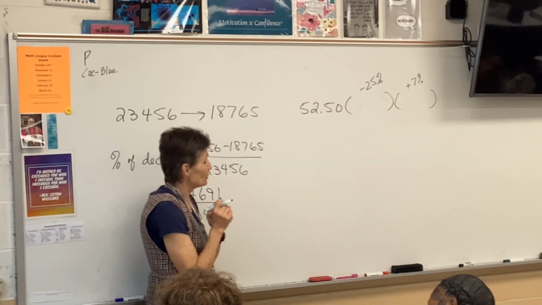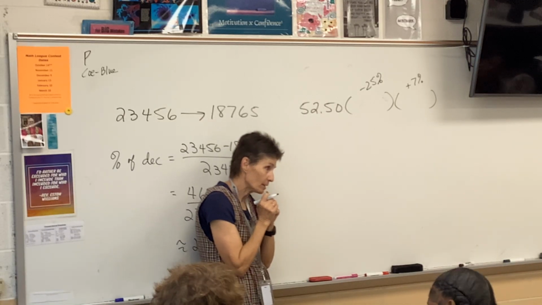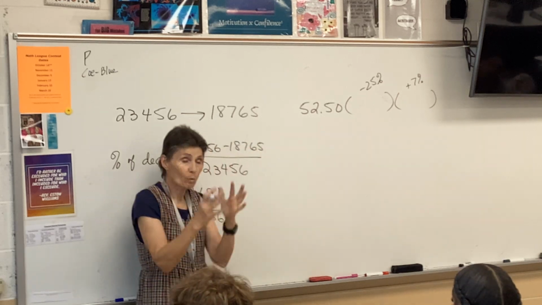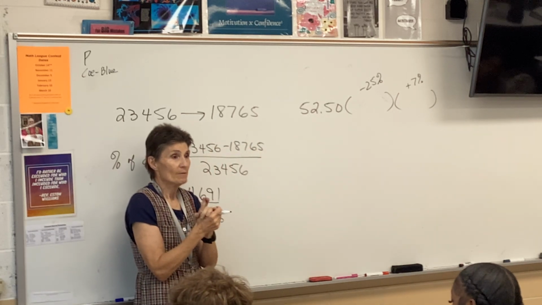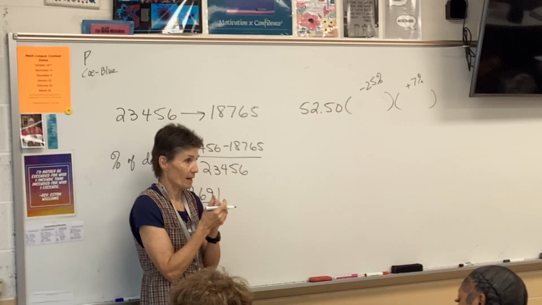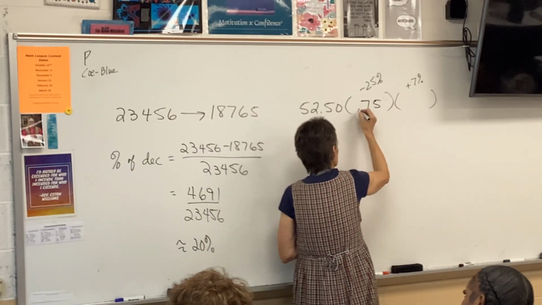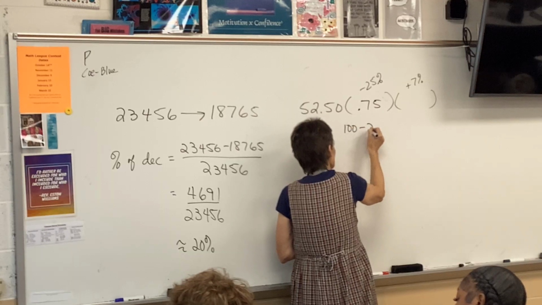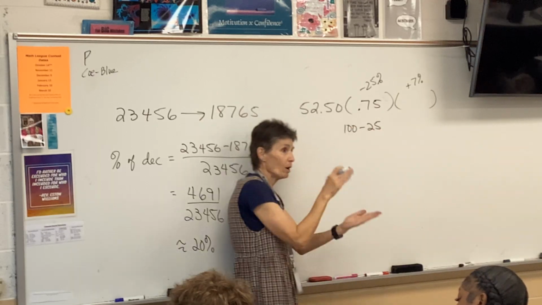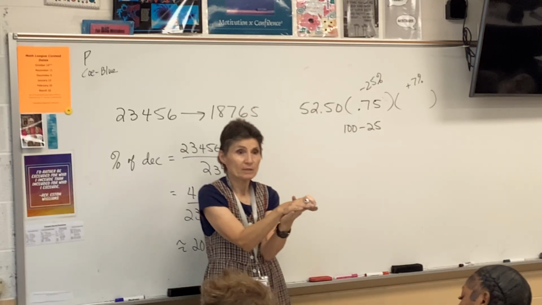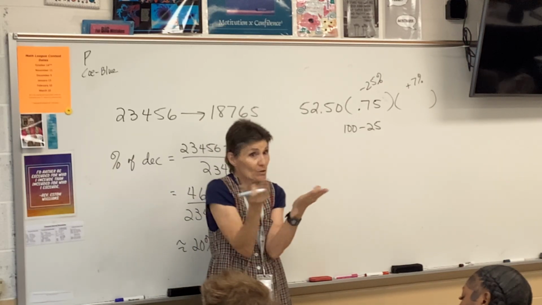Now, when you think about this, we talked about it earlier. If we're taking away 25%, then what are we going to multiply by? 0.75. This is 100 minus 25. We always start with 100, the original value, 100%. And then we do whatever we do to it.